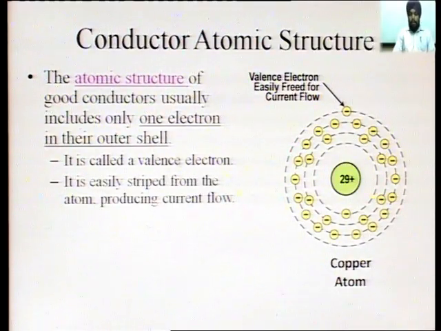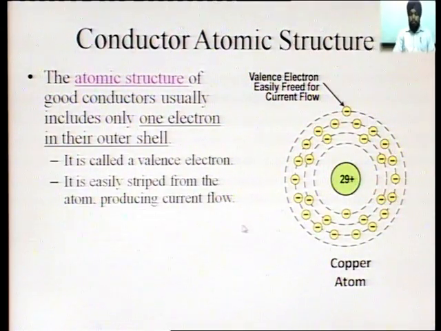If we take the example of copper, the atom has atomic number 29. So, the number of protons will be 29, and as we know, the number of electrons equals the number of protons. So, the number of electrons in this atom will be 29, and the division of electrons in the orbits follows the formula 2n square.